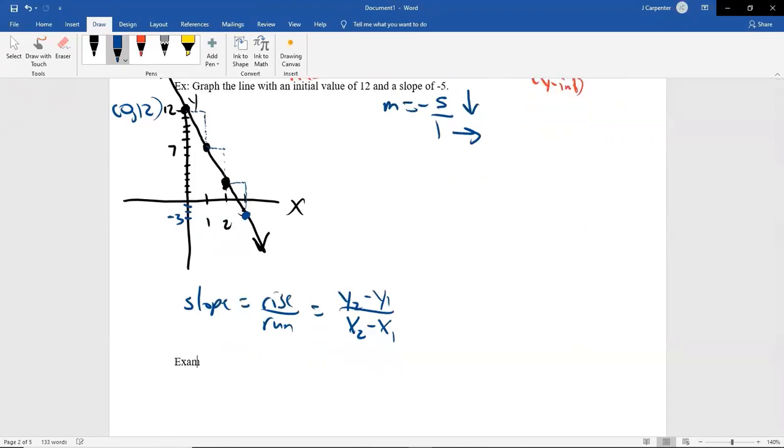All right. So find the slope of a line going through (-1, -5) and (-2, 12). That's all I'm asking for, not the graph.